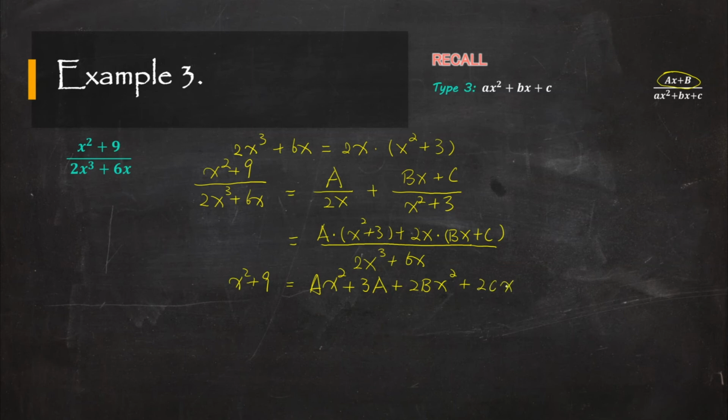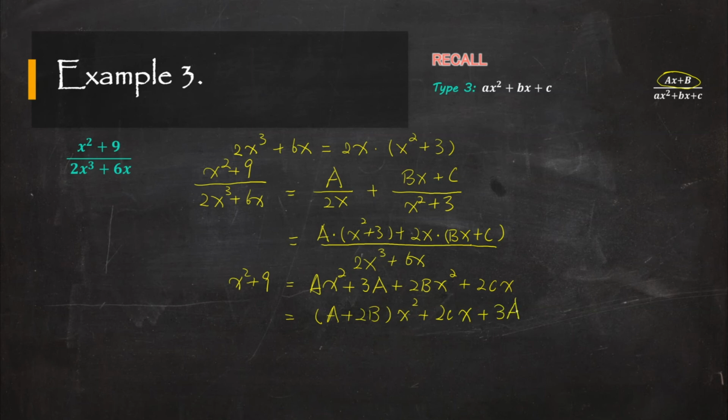And then we can combine the coefficients. So for the term x squared, we have the coefficient a plus 2b, and here we have 2c for x, and my constant is 3a.